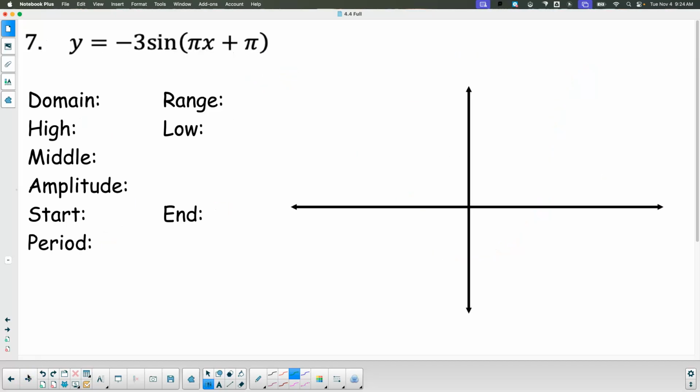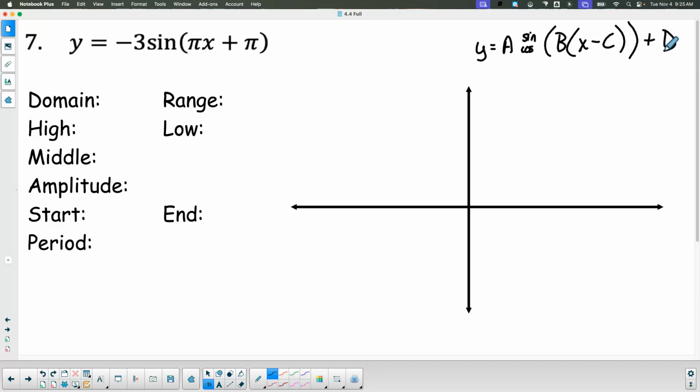Now, the curveball that we can throw at you is remembering that our functions should look like that, right?